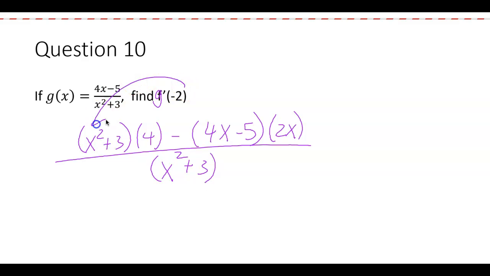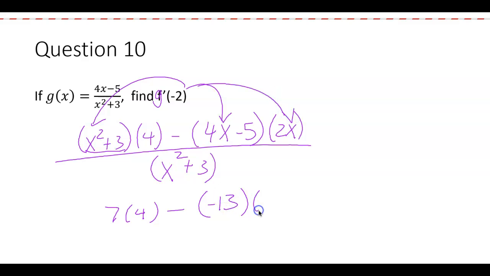So if we plug in -2, I get 4 plus 3, which is 7. Plugging it in here, I get -8 minus 5, which is -13. Plugging it in here, I get -6. And then plugging it in there, we get 4 plus 3, which is 7.